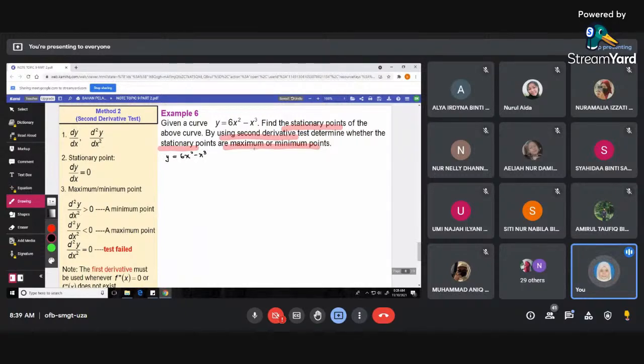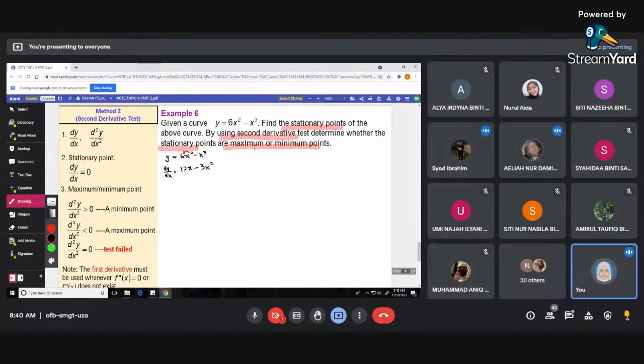Lepas tu kita nak buat apa? dy dx. Differentiate. Bagus, dy dx. Lepas tu nak differentiate macam mana? 12x minus 3x kuasa 2 madam.